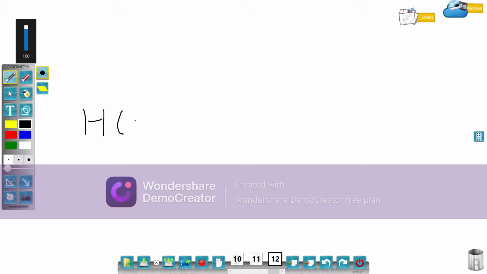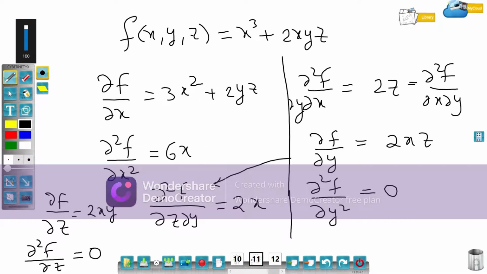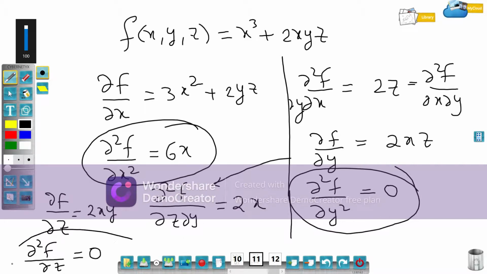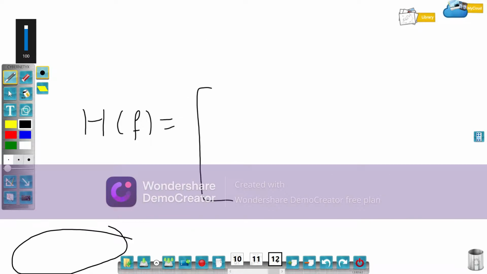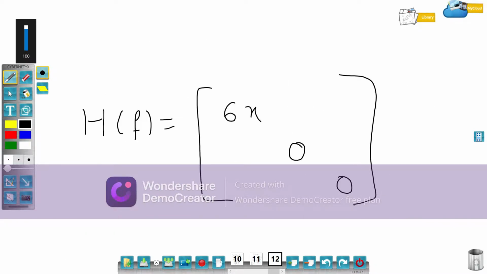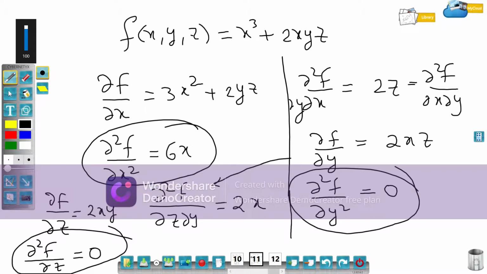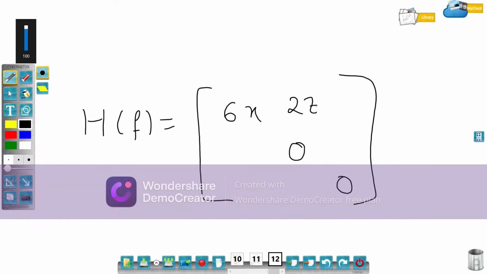The Hessian matrix of f: let me write down 6x as the diagonal entry, then 0 and 0. Then xy or yx, that is 2z.